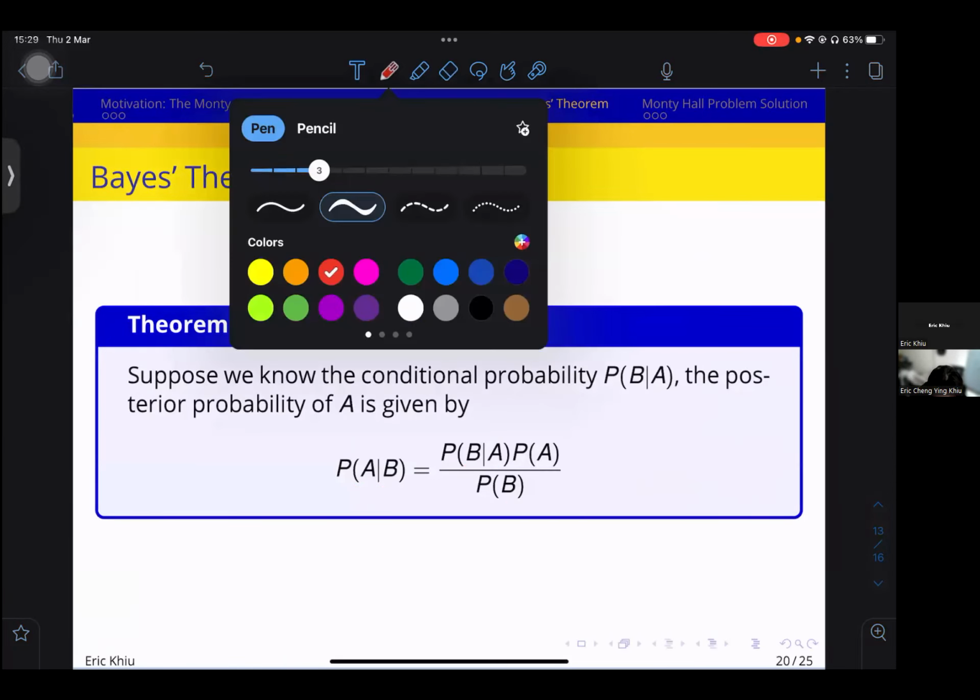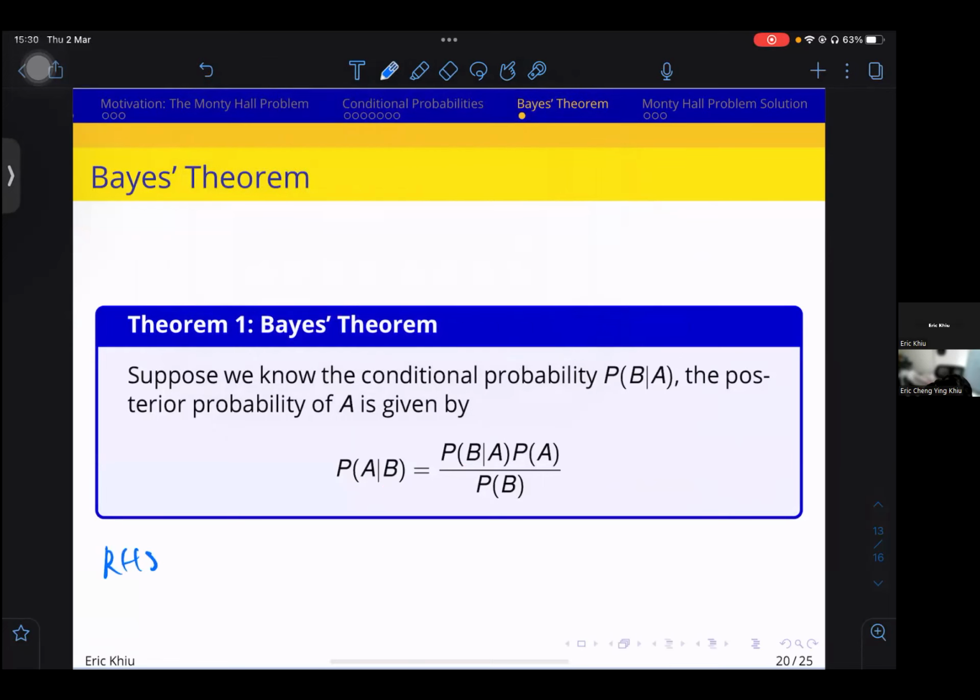So I will start from the right hand side. By definition, we know that the probability of B given A is the probability of B and A over P of A. I'm just going to copy this over.